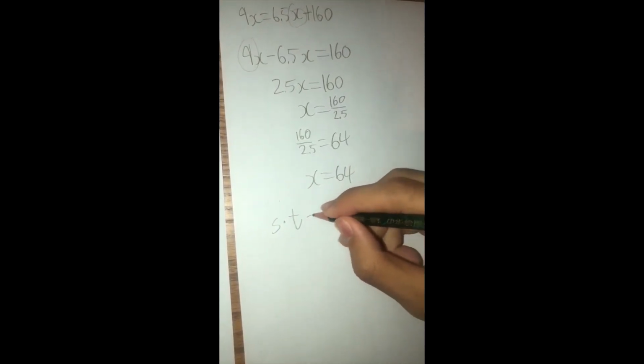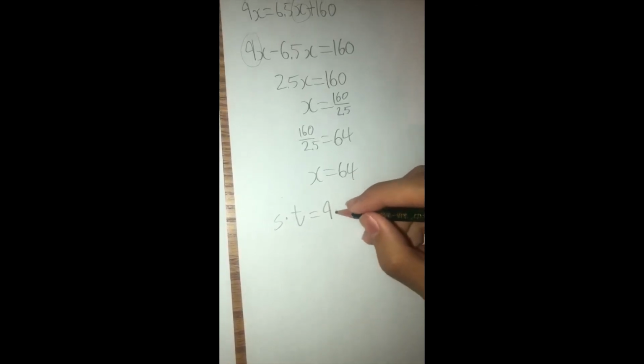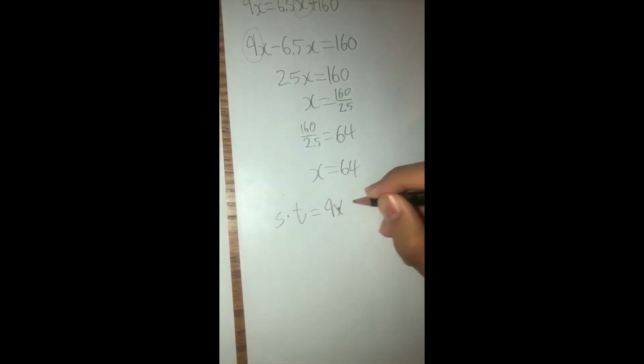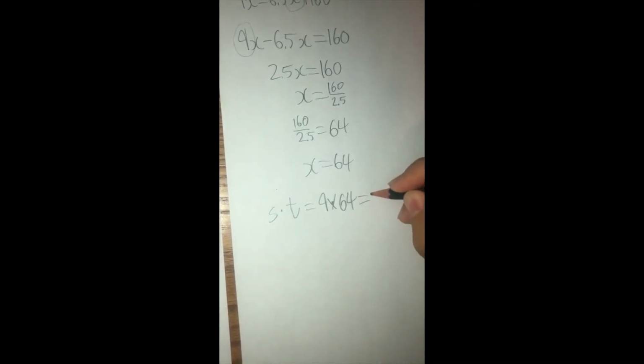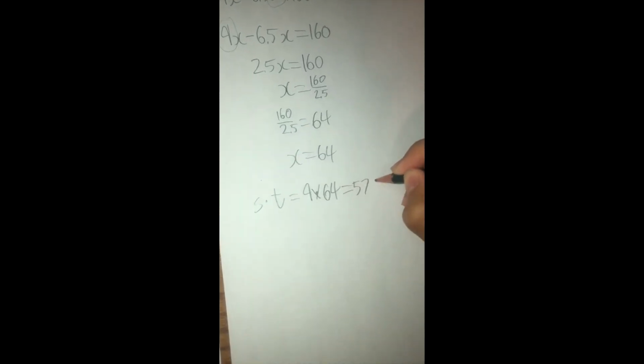So we have equals to 9 multiplied by 64, which is equal to 576. And that's how far the dog has to move in order to catch up to the rabbit. 576 meters. So therefore, the answer is 576, D.